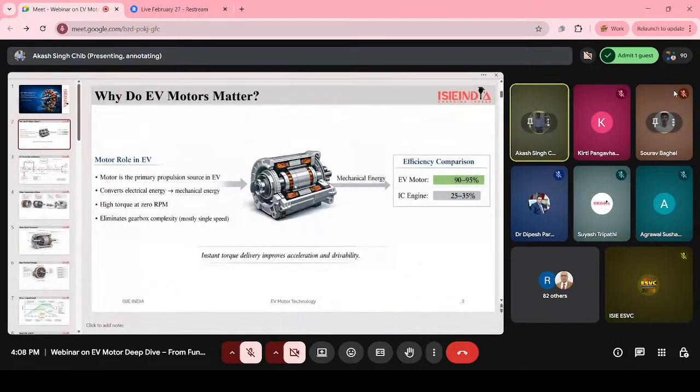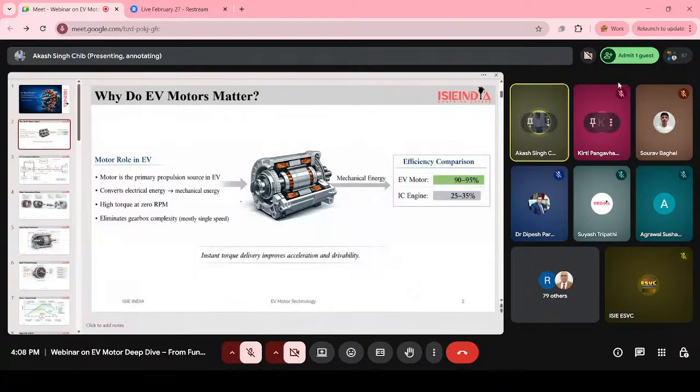So first we'll discuss why EV motors matter. In a petrol vehicle, the engine is the heart, and in an electric vehicle, the motor is the heart. The motor is the primary propulsion source in our EVs, which converts the electrical energy we get from the battery into mechanical energy and transmits it to the wheels.